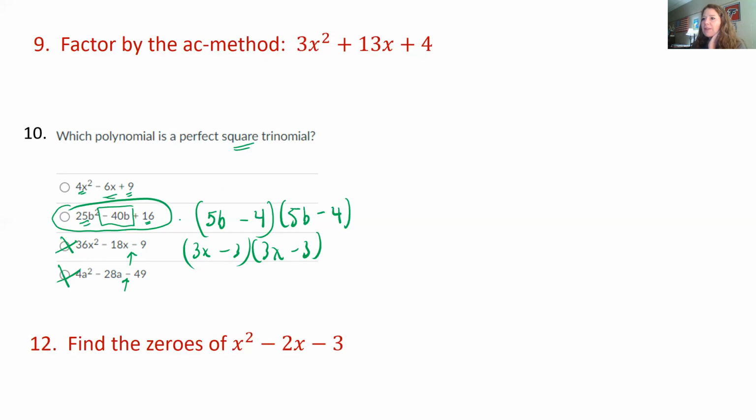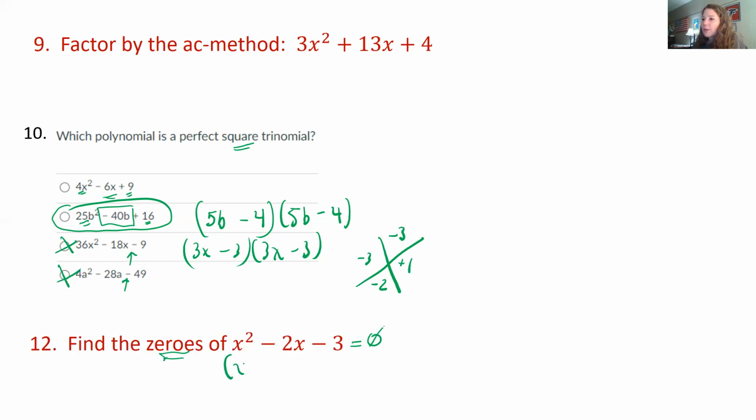All right, number 12, find the zeros of. Basically this is the same thing as when we found the x-intercepts. The zeros of means you just set this equation equal to 0. So we're looking for two numbers that multiply to give us -3 and add to give us -2. So that's going to be -3 and +1, right?